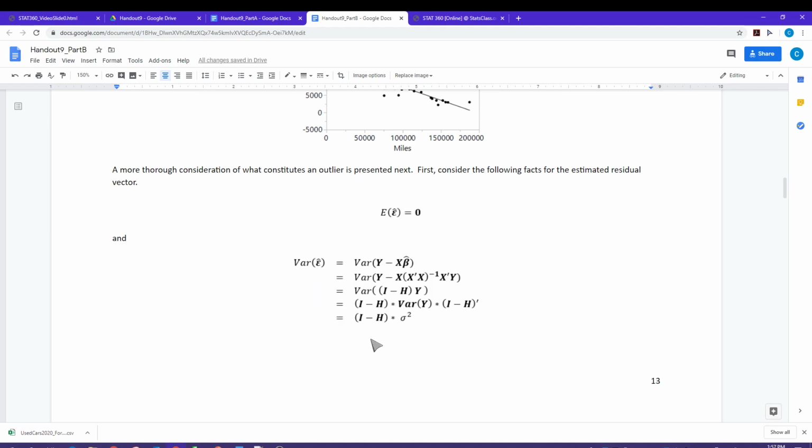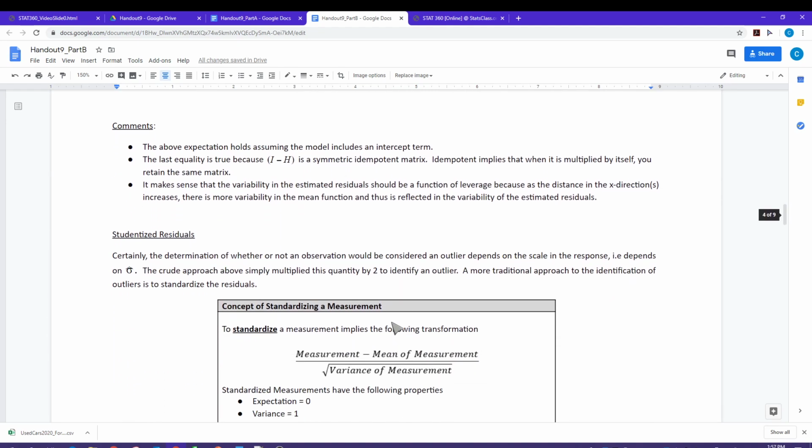So the variability, or if we want to take the square root of that, the standard deviation of my residual vector is a function of the hat values. There's some general comments about those. That expectation holds when there's an intercept term in the model, which there almost always is. This I minus H matrix, that identity minus the hat matrix, is called a symmetric idempotent matrix. And what idempotent means is just if you multiply it by itself, you're going to retain the same matrix.